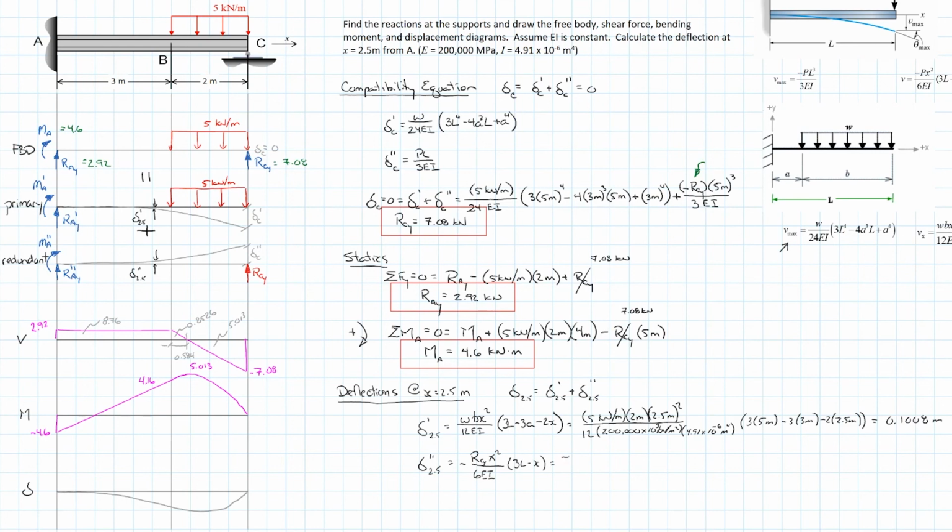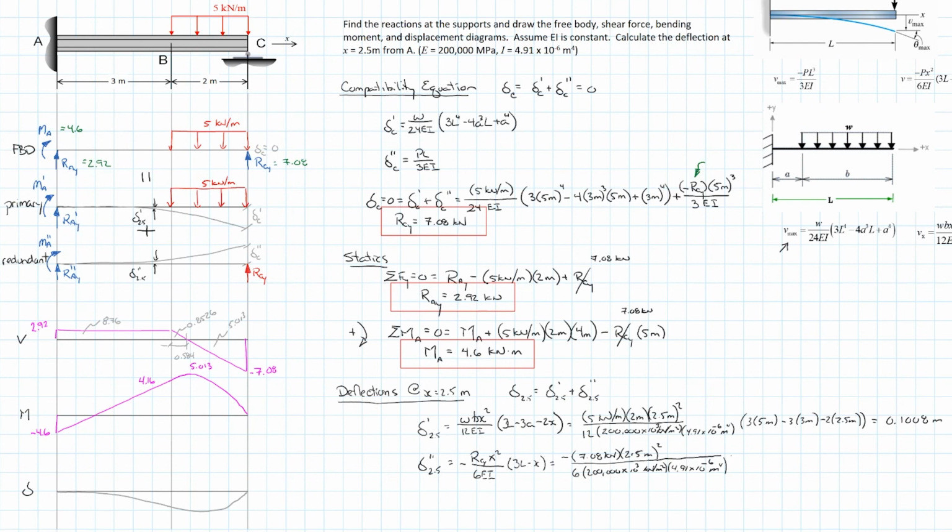So substituting in our values, we have RCy 7.08 kilonewtons times 2.5 meters squared all over 6EI, so 200,000 times 10 to the third kilonewtons per meter squared times 4.91 times 10 to the minus 6 meters to the fourth.